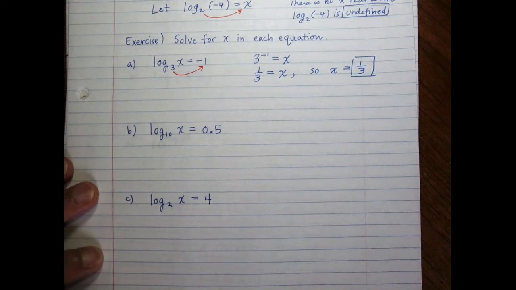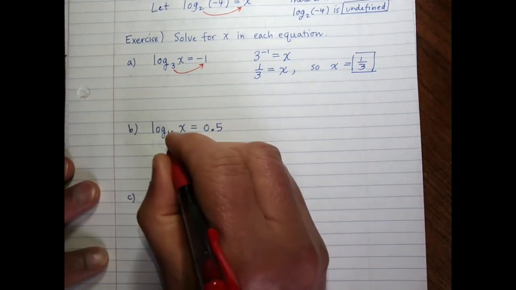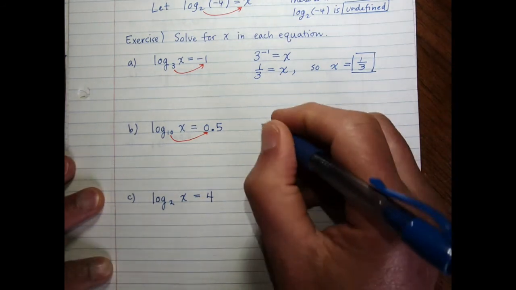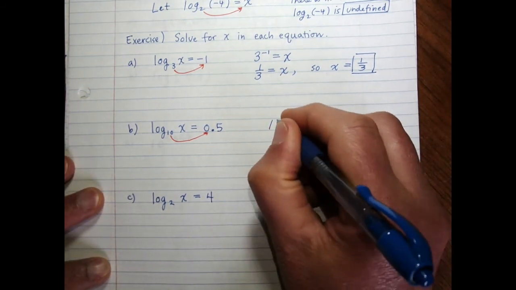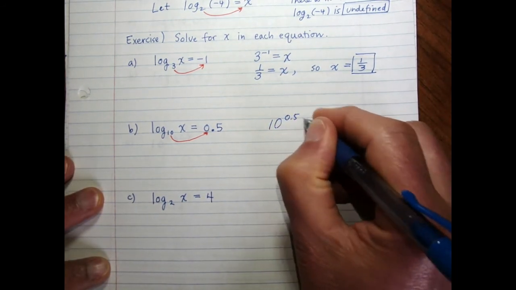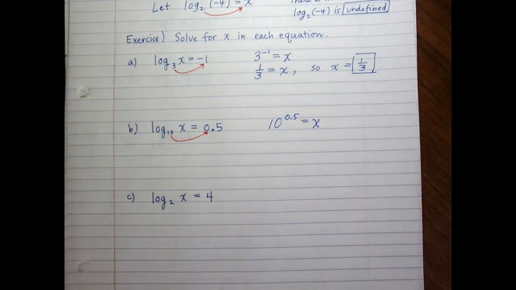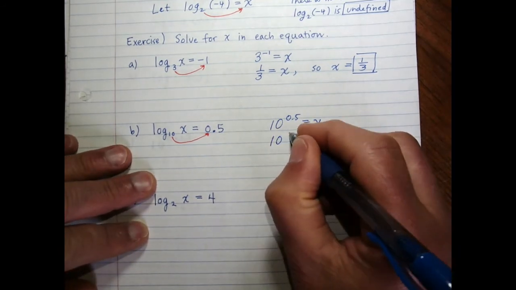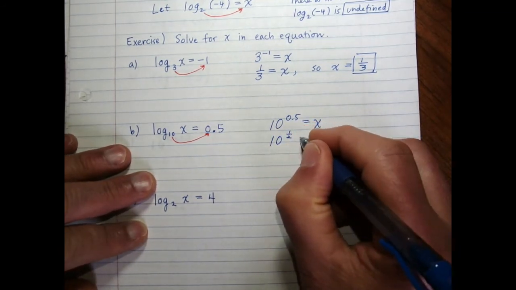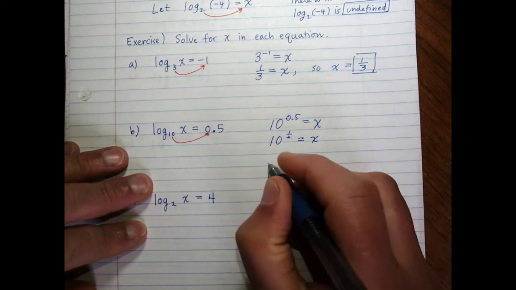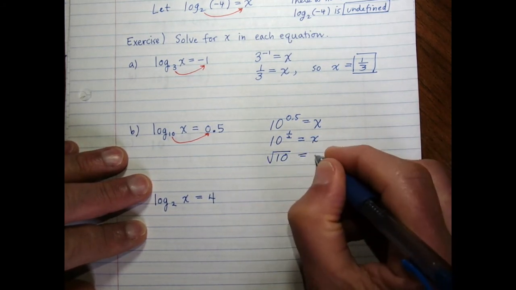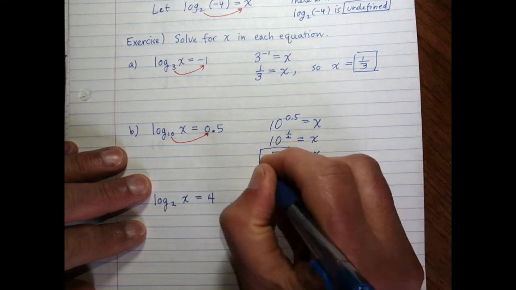Part B, 10 to the 0.5 is x. Well, again, that's x. That's our answer. Now, what does 10 to the 0.5 mean? I would probably want to write that as 10 to the 1/2 equals x, which is the same thing as radical 10 equals x.